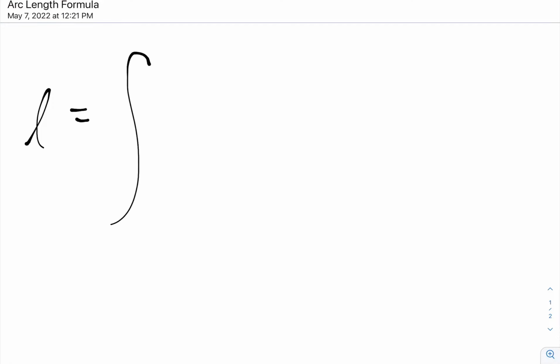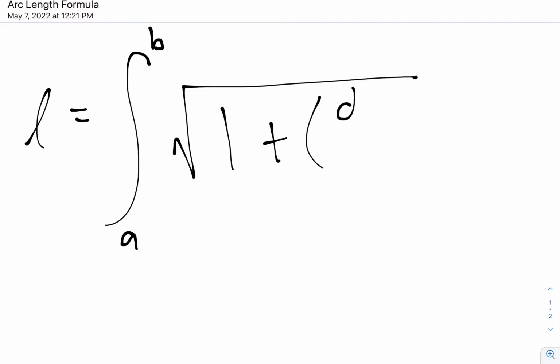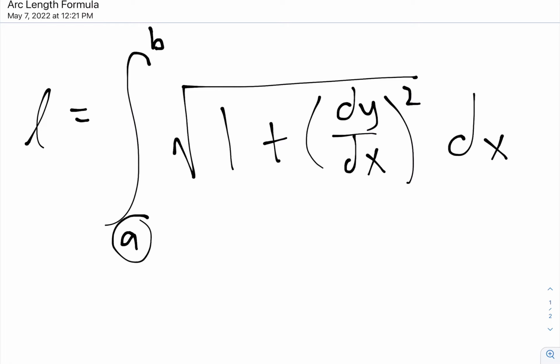It's going to be the integral from A to B of the square root of 1 plus dy by dx squared, dx. What does this mean? If we're trying to figure out the arc length of a curve from the interval A to B, all that means is how long is the curve that spans across those 2 points?